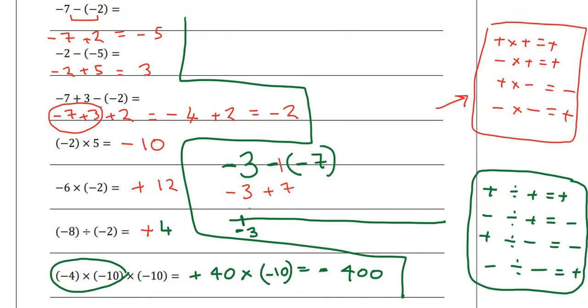So we are moving 7 spaces to the right. If that was -7, we'd be moving 7 spaces to the left. If we jump 7 spaces, 1, 2, 3, 4, 5, 6, 7, we're going to arrive at +4.